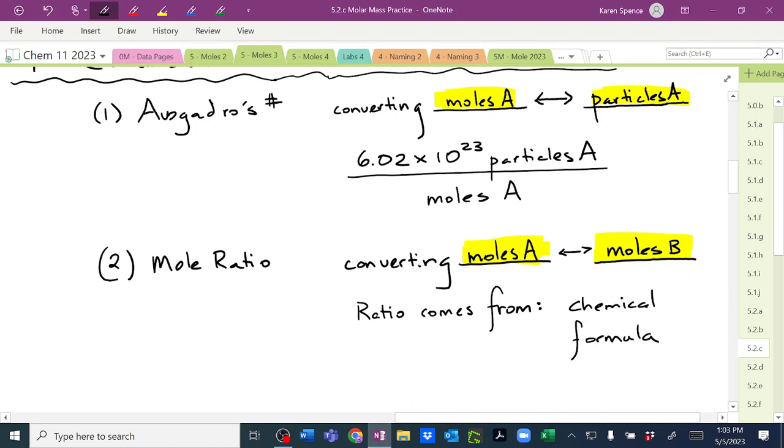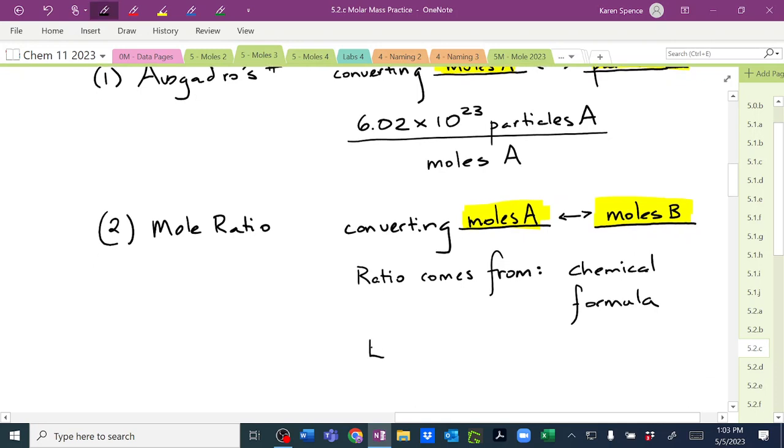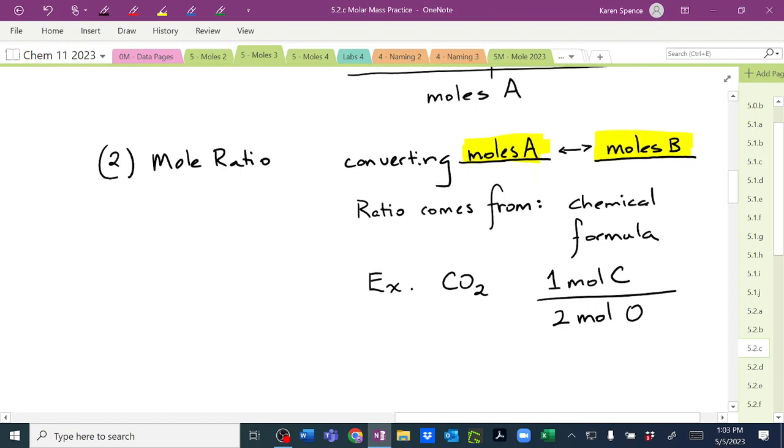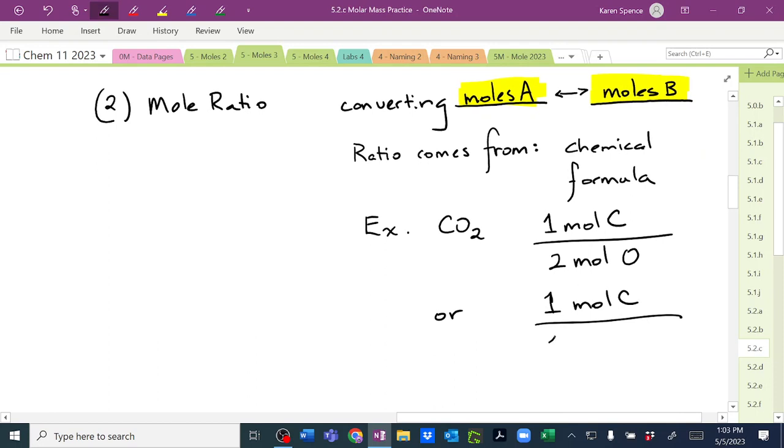So for example, CO2, we might have 1 mole of C for 2 moles of O. Or we might have 1 mole of C for every 1 mole of CO2.